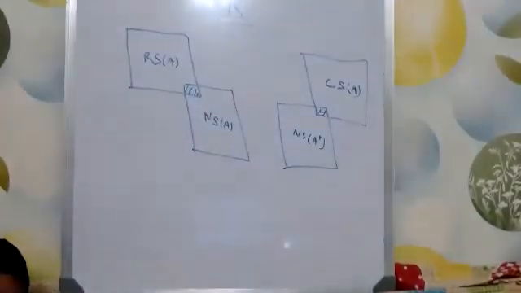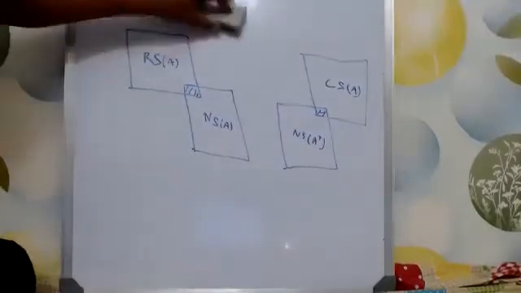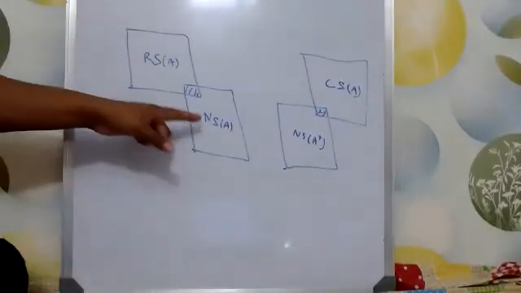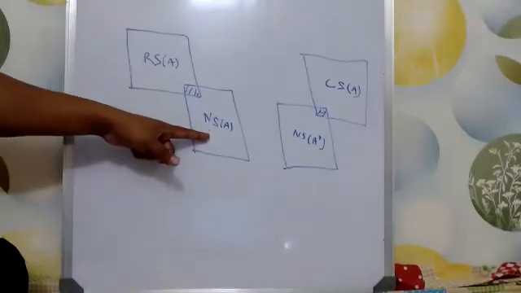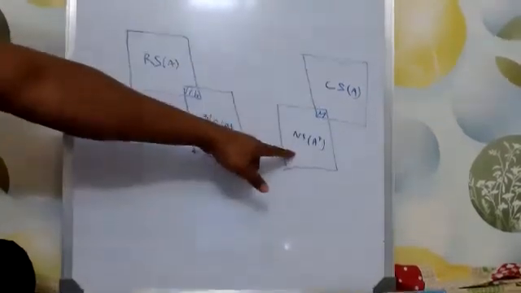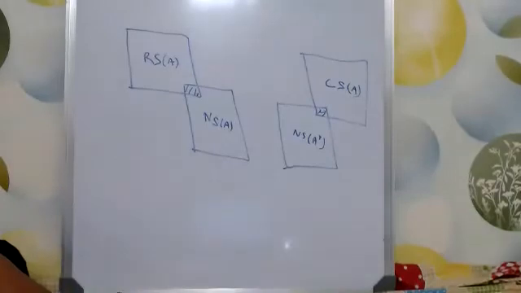So for a matrix A, the row space is always perpendicular to the null space. The column space is always perpendicular to the left null space.